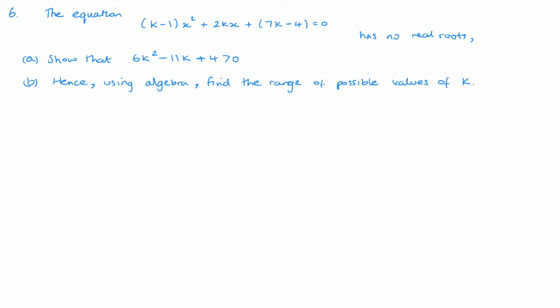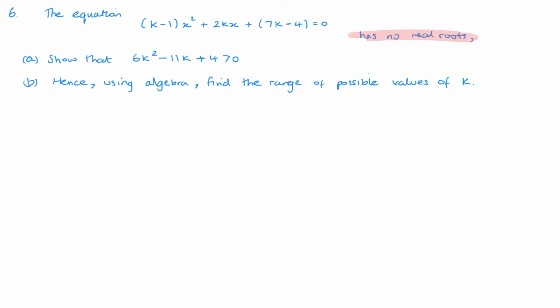Okay, so next question. We've got an equation here. Not too bothered about how it looks. Looks interesting. But what's key is what it says. It has no real roots here. Yeah? Has no real roots.